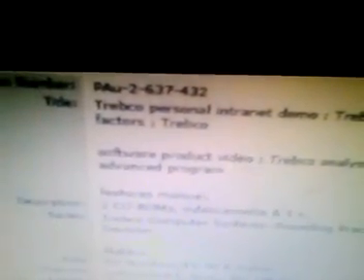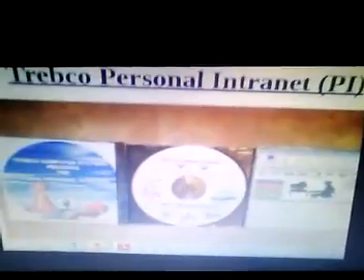This is the copyright I got from the United States, copyright number, and of course this is Trebco PI, the personal internet, which is the top program I came up with, and the number one program is obviously the Trebco personal internet with the Trebco Codarian Matrix.